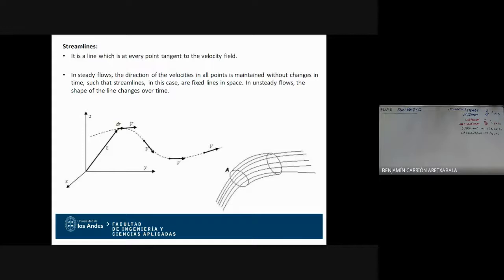The path that shows the trajectory has to be tangent to the flow at each point, meaning the flow at each point of this streamline points in the direction the particle is moving. So in a way, the velocity is the derivative of the streamline, right?